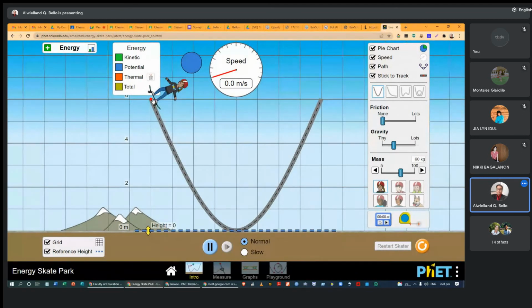So what do you expect when I release the person, the skater? Will it stop at the bottom, or go to the other end of the curvature? Gia says it will just come back down once it reaches the top on the other side. Okay, top on the other side. Release it now.